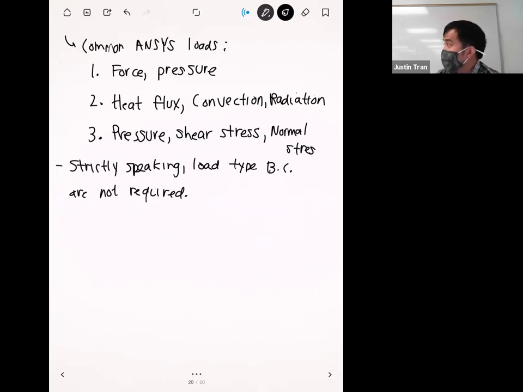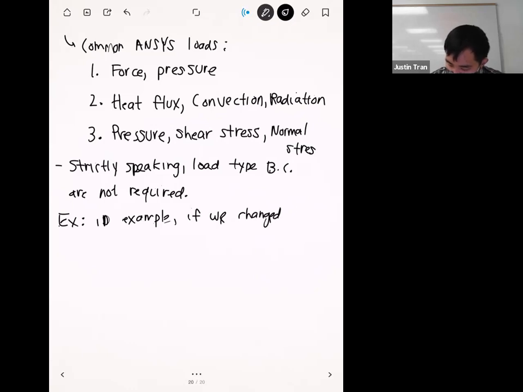As an example, if we go back to our very first 1D example and change the second boundary condition to a constraint type, so instead of the derivative of u at x equals 10, we directly specify that u at x equals 10 has to equal 500.